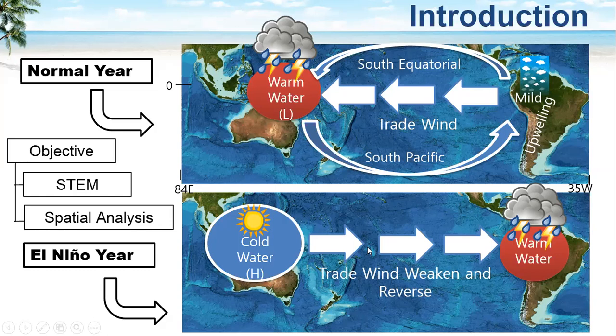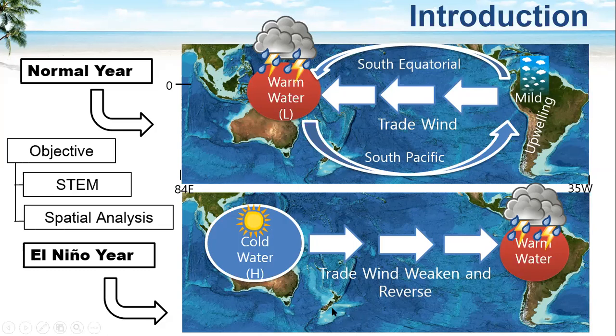During El Nino, as the trade wind is weakening and reversed, the normal east to west trade wind over the Pacific Ocean is weakening. As I mentioned earlier, this trade wind that brings water mass from east to west is reversed and weakening, and water mass will come from west to east.